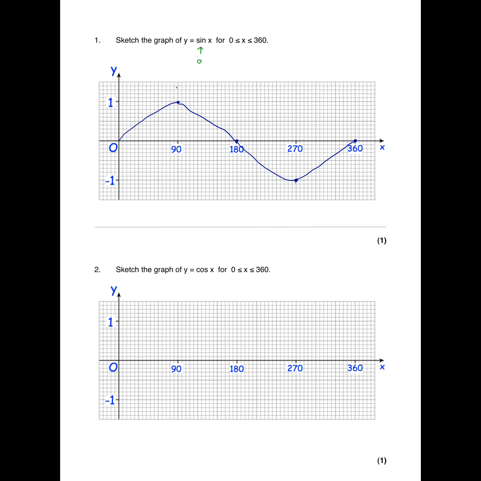This coordinate here, 90 at 1, this coordinate here, 270 at -1, are some really important features that you need to remember. And the fact that it cuts through the axis at 0, 180 and 360 is also quite important.